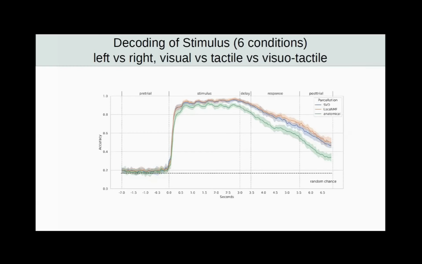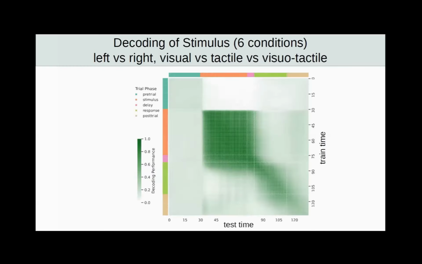Sorry, I just did the simple thing. But then, if we train the classifier at a given time here on the y-axis and test on another one, you can see that you've got an area of stability here during the whole stimulation period, meaning that the pattern of activity that corresponds to each of these stimulus combinations is stable for the whole stimulus presentation period for the 6 times.